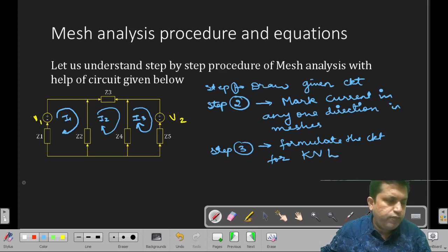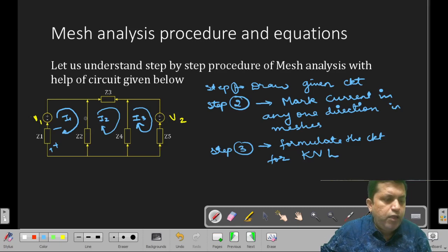See that this current I1 from Z1 is flowing from positive to negative, that is upward direction. So entering terminal is positive and leaving terminal is negative for the current through Z1.